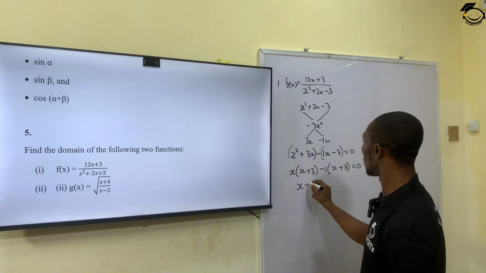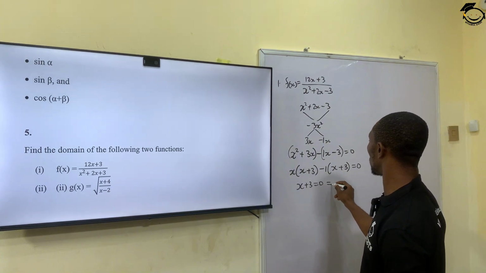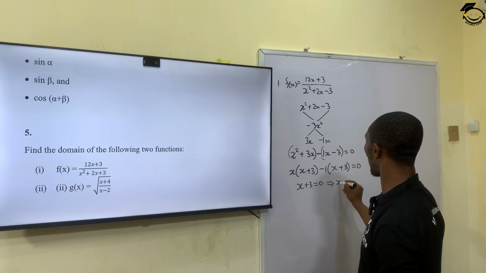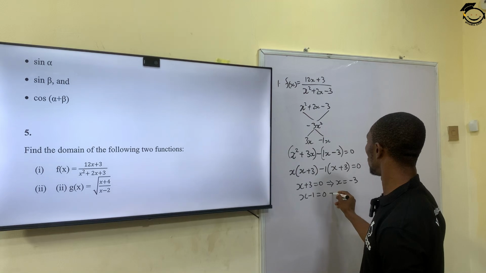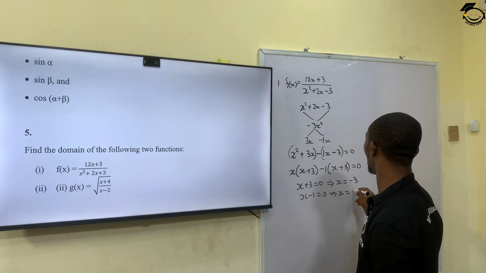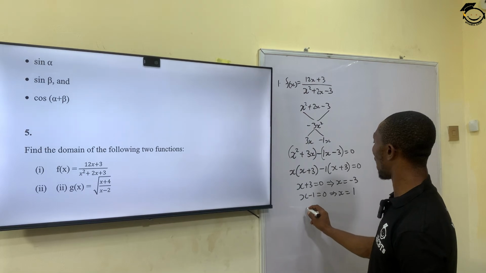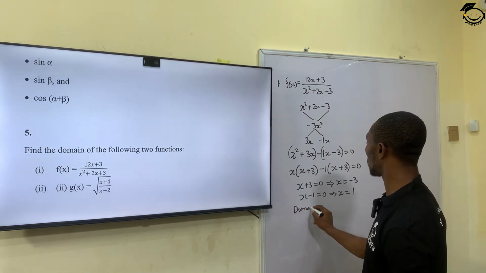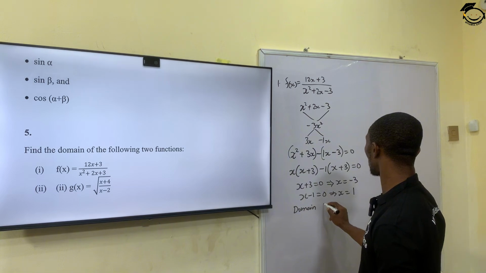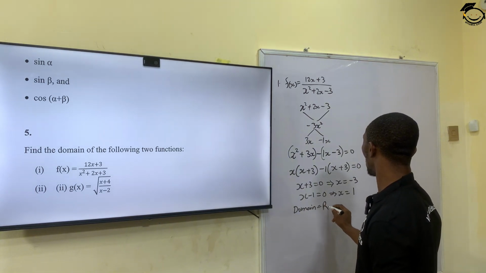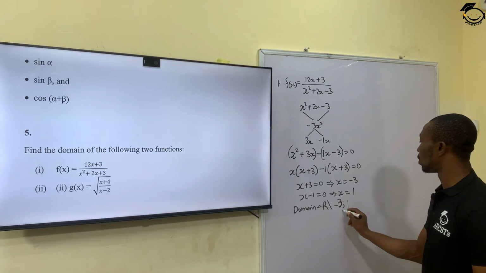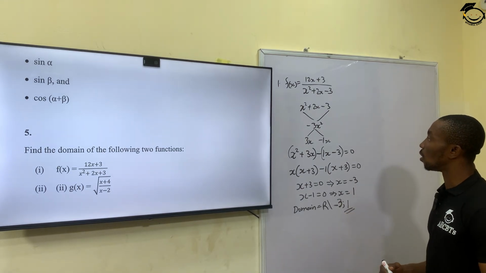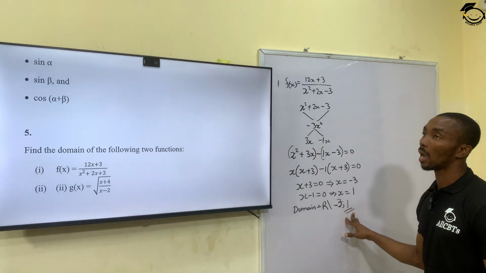So we have x plus 3 equals 0, which gives x equals minus 3, and x minus 1 equals 0, which gives x equals 1. So the domain for this first function would be all real values except minus 3 and 1.